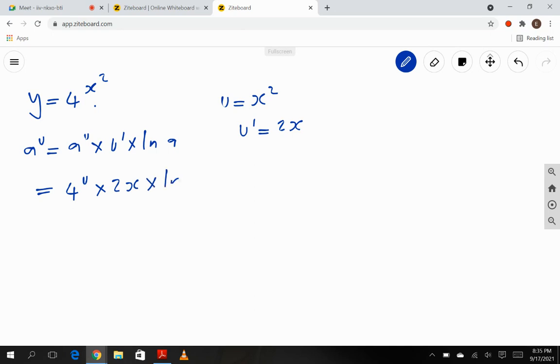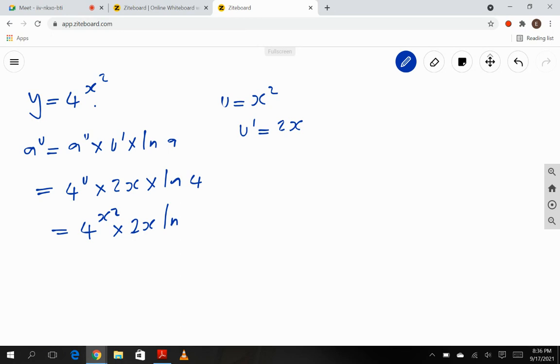Then ln what? ln 4. Yeah. So after you've done that, then you want to write this in terms of 4x squared times 2x.